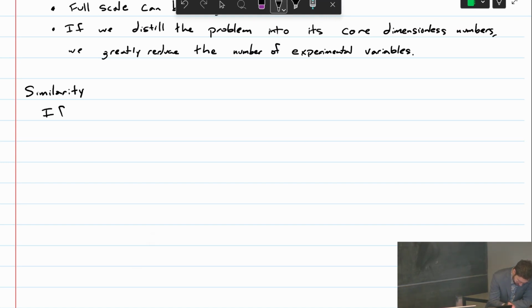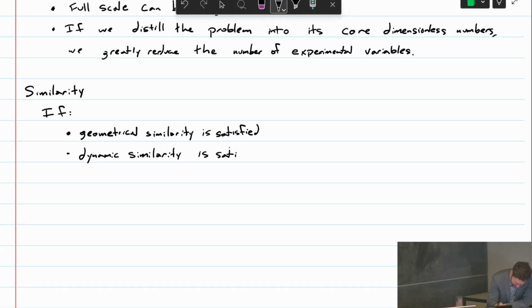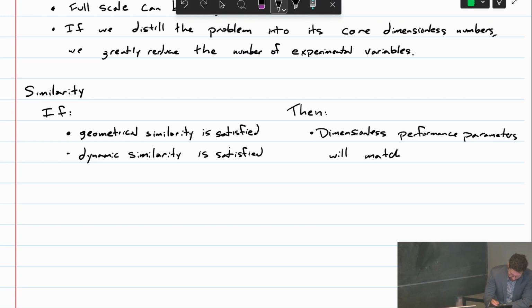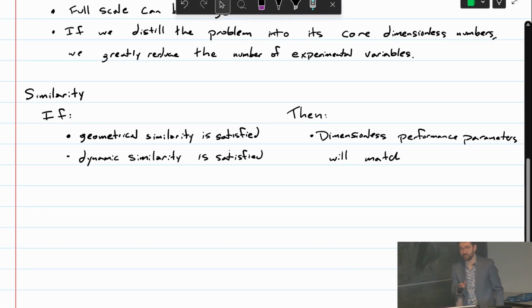If these two things hold true, geometric similarity is satisfied and dynamic similarity is satisfied, then dimensionless performance parameters will match. So in order to be able to generalize the results of your experiment, you have to get the same similarity parameters as your full-scale design.